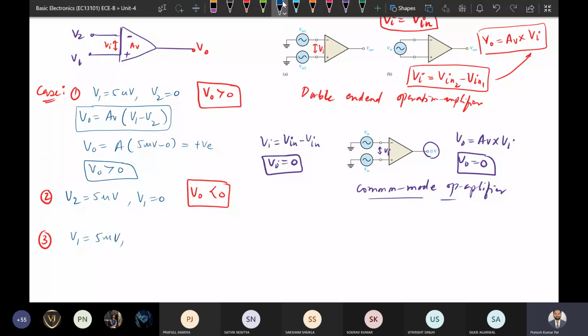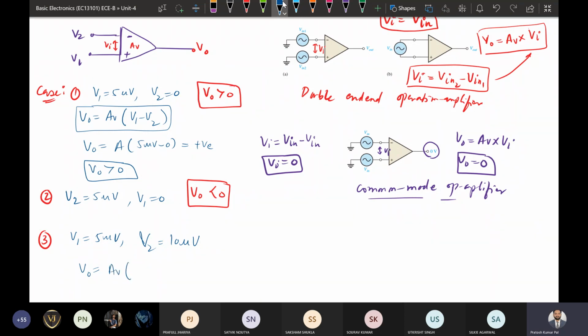Similarly, the third case we consider is V1 equal to 5 microvolt and V2 equal to 10 microvolt. In that case, what will be the output? Anyone? We know the output expression is AV multiplied by V1 minus V2.